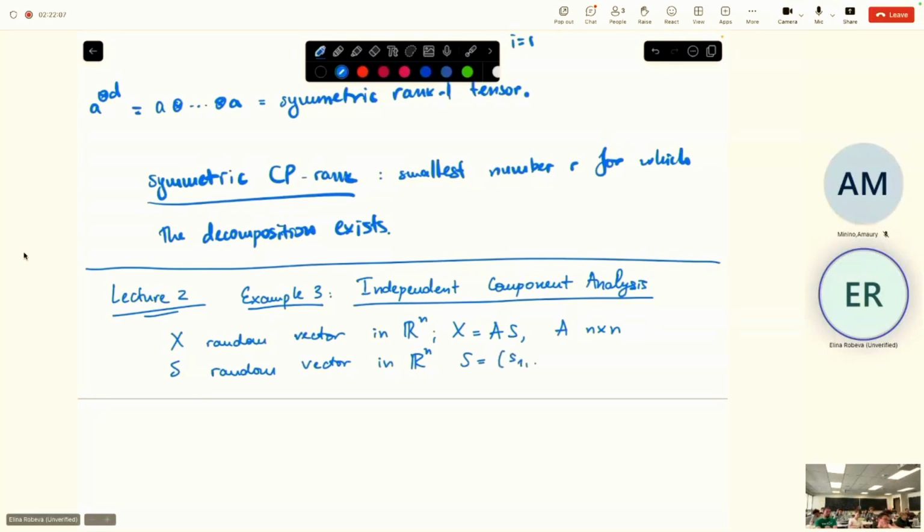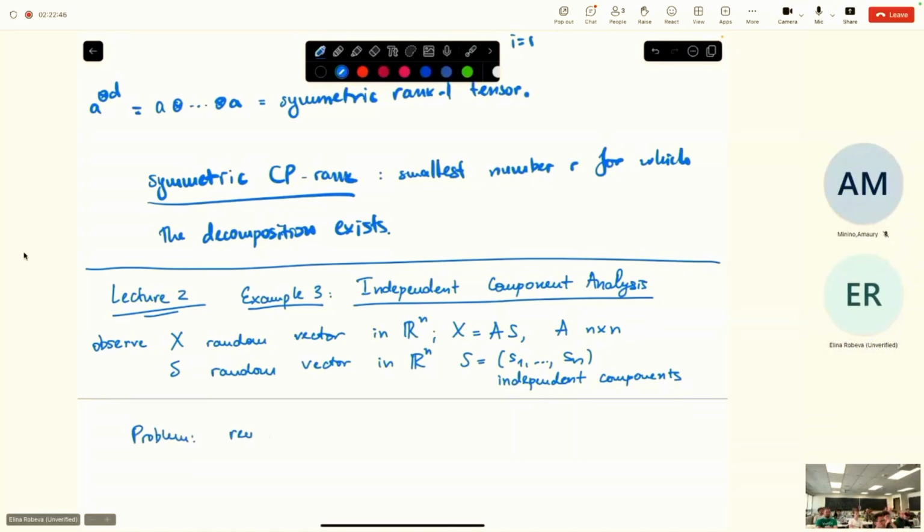So s is s1 through sn, so these are independent random variables. Our vector x, we can observe samples from x. We know that it's a linear transformation of s, which has independent components, and the problem is to recover A, this mixing matrix.